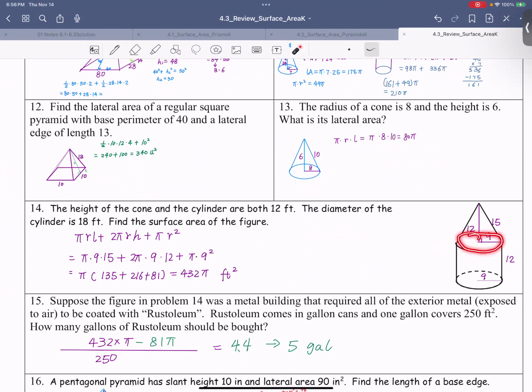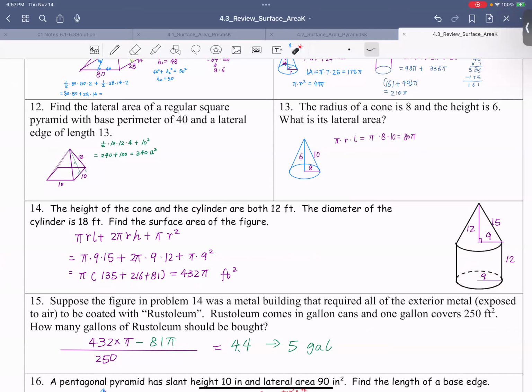This is glued between them. So the surface of this shape is just the cone lateral surface plus the cylinder lateral surface plus a circle area. That's it. That is what number 14 is. Make sense? Go ahead, everybody.